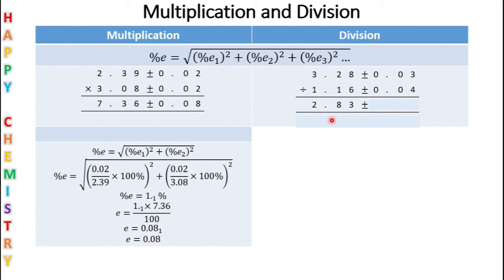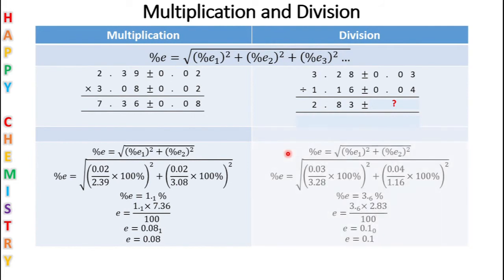Now, we will calculate the resultant uncertainty, and it is calculated according to this equation. Square of percentage uncertainty of 0.03 with respect to 3.28 is added to square of percentage uncertainty of 0.04 with respect to 1.16, and then the square root is taken.